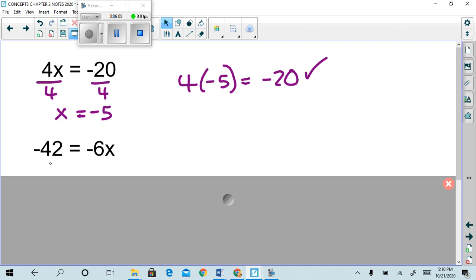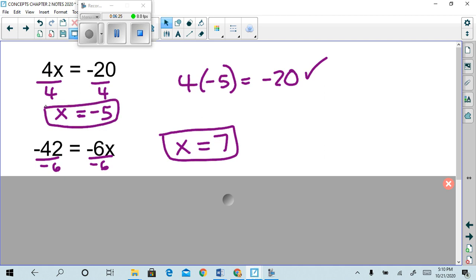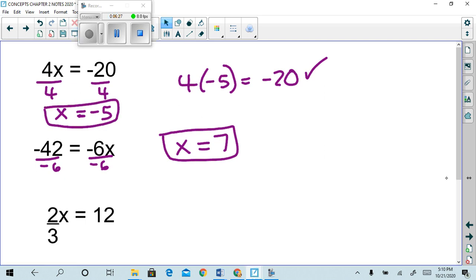Once again, this is a multiplication, so I'm going to divide both sides by negative 6. Cross cancel here, and I get negative divided by negative is a positive, and I get x is equal to 7. So again, one inverse operation helps me to get my answer.